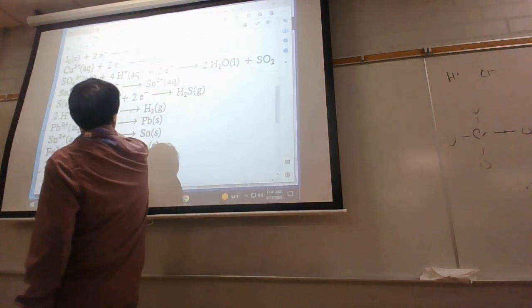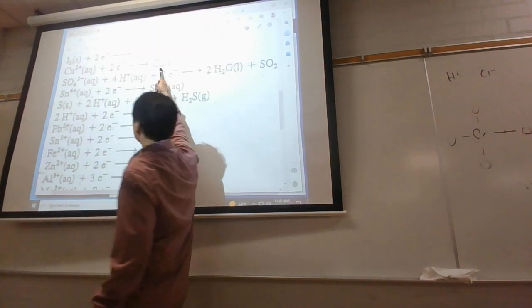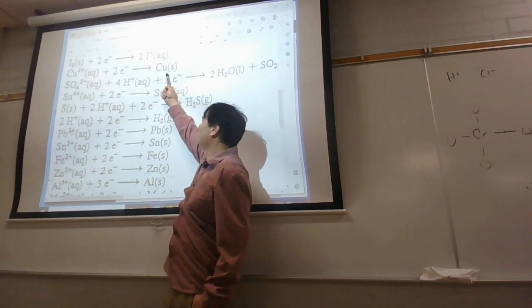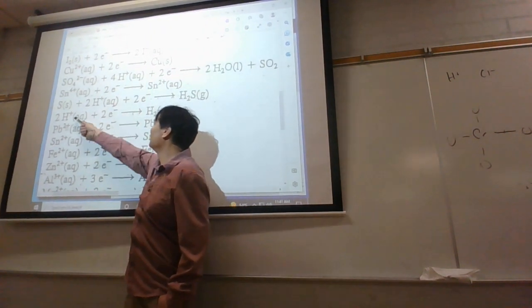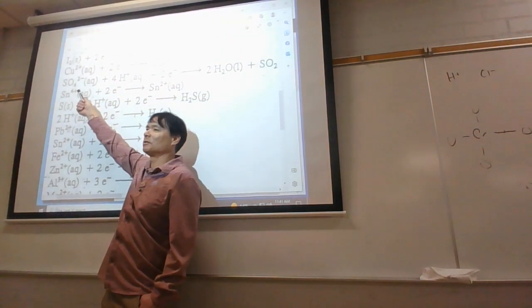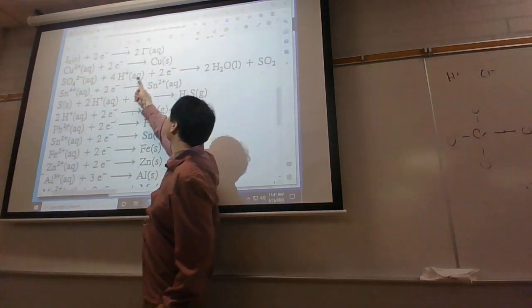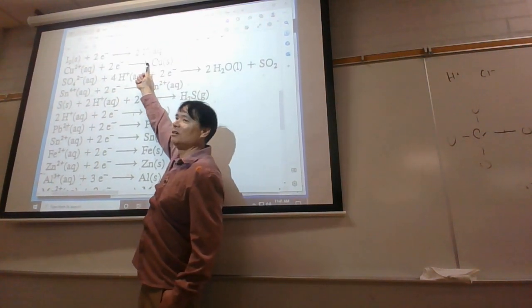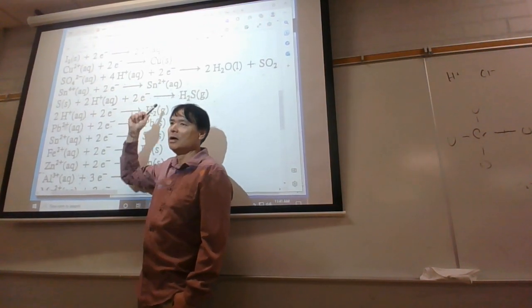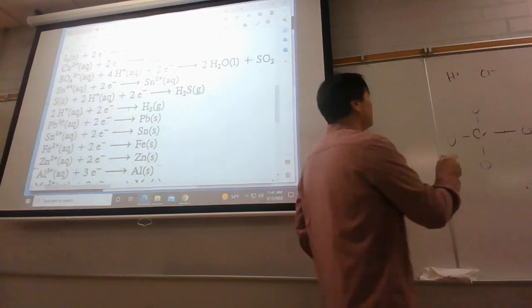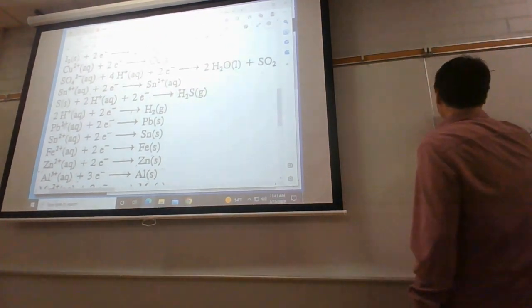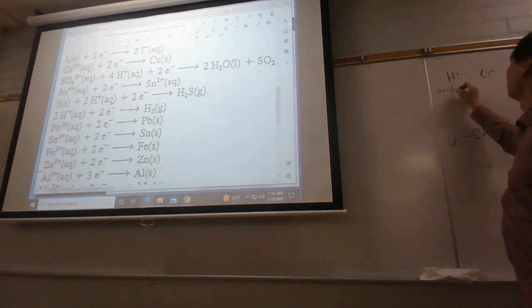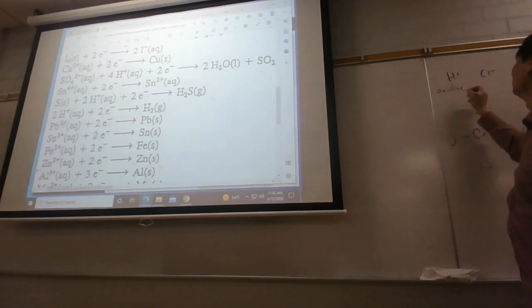However, will it oxidize copper? No, it won't oxidize copper because that would be uphill, H+ going to copper 2+. Will it oxidize silver? No. Will it oxidize iodide? No, it won't oxidize any of these. So H+ will oxidize all reducing agents stronger than H2.